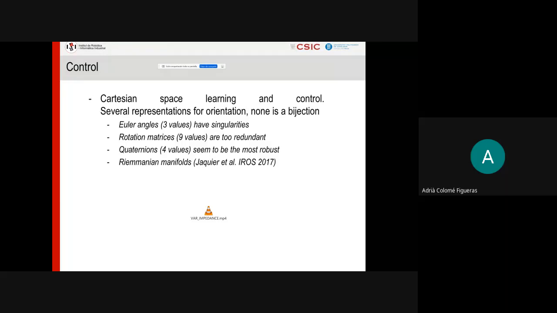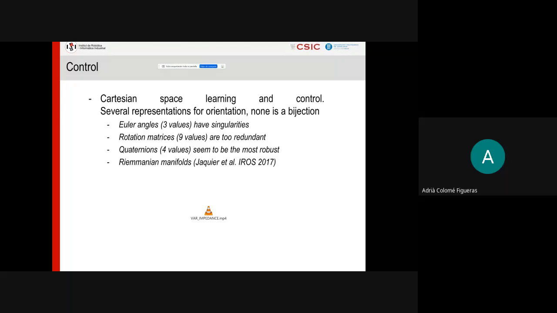So if we represent orientation with quaternions, then we may need to project the quaternions into a three-dimensional manifold, explore there with our covariance in such a three-dimensional manifold, and then project this upwards again to the quaternion space, because we do not want restrictions on generating samples.